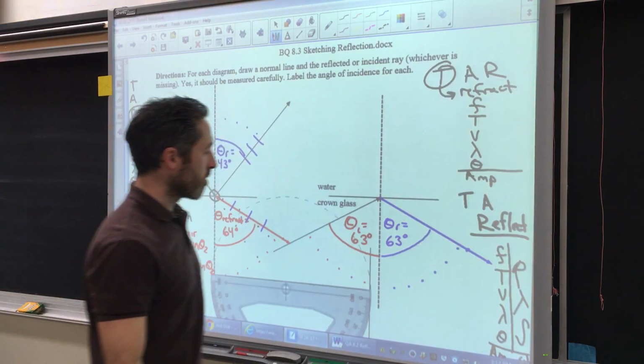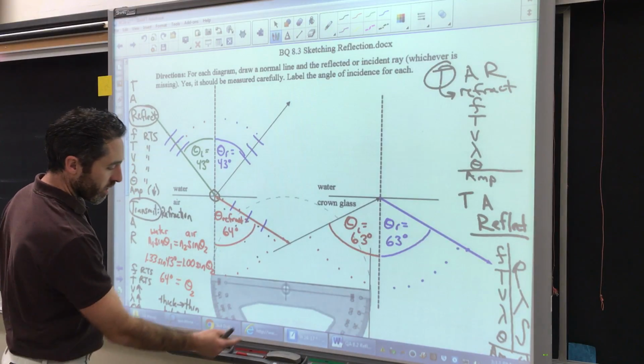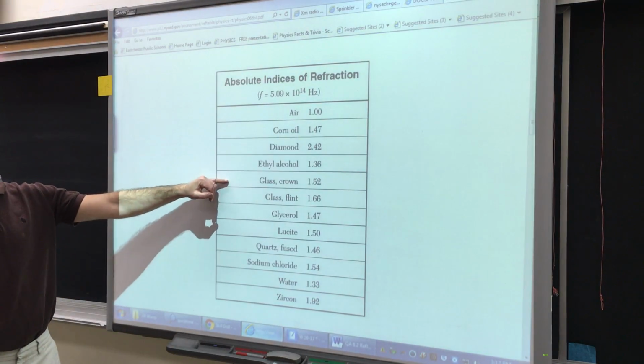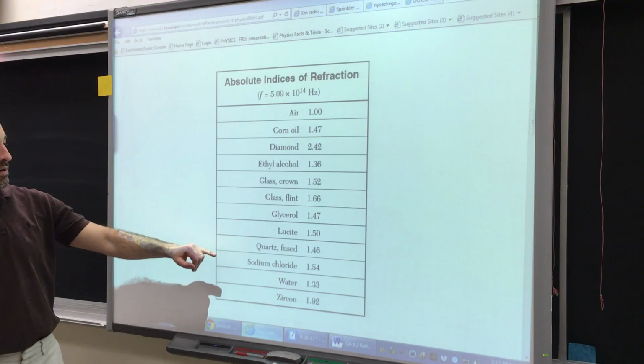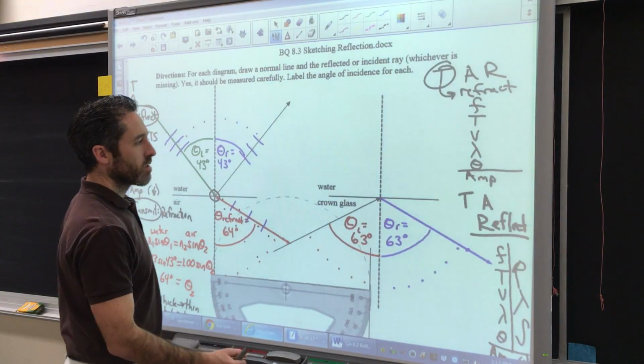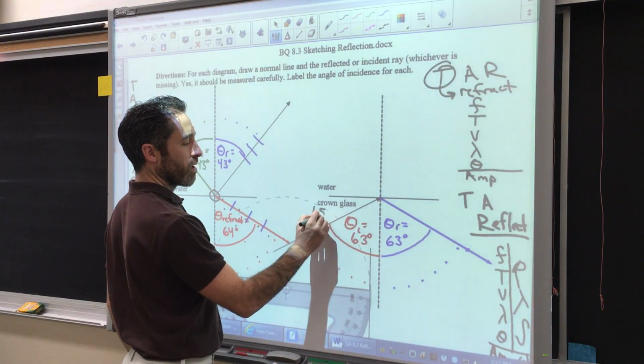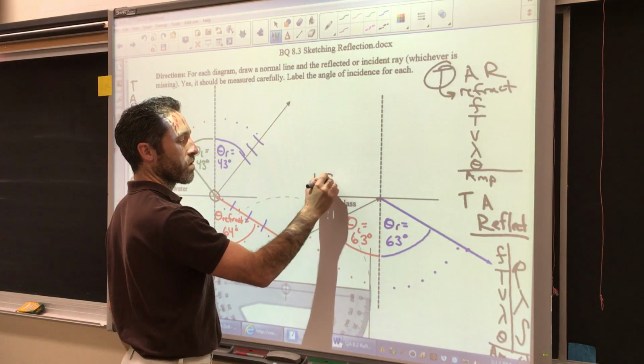All right, so we are going now from crown glass to water. If you're not certain, check it out. Crown glass is 1.52. Water is 1.33. So you can even write it next to it if you want. 1.52, 1.33.